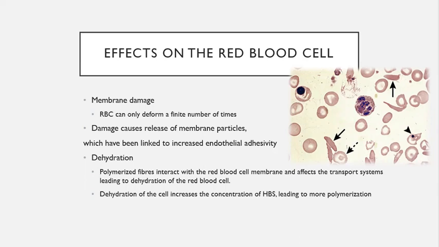Damage causes release of membrane particles which have been linked to increased endothelial adhesivity. Dehydration: those polymerized Lego fibers interact with the red blood cell membrane and affect the transport systems, leading to dehydration of the red blood cell. And dehydration also increases the concentration of the HbS, leading to even more polymerization.